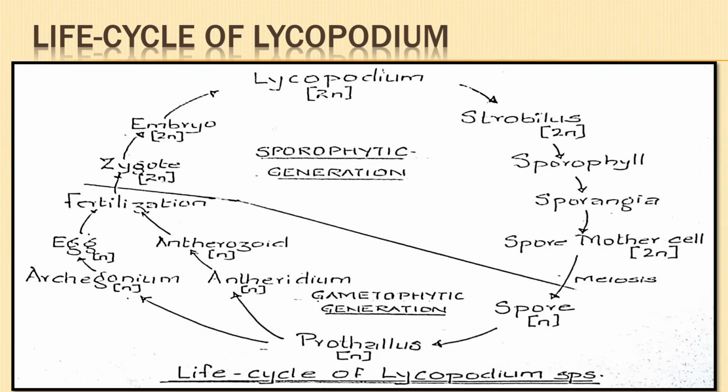The spore forms the prothallus. It gives rise to Antheridium and Archegonium. The Antheridium forms anthrozoids and the Archegonium forms the egg. The egg and anthrozoid fuse to form the diploid zygote. The zygote develops into the embryo, which forms the new Lycopodium plant body.